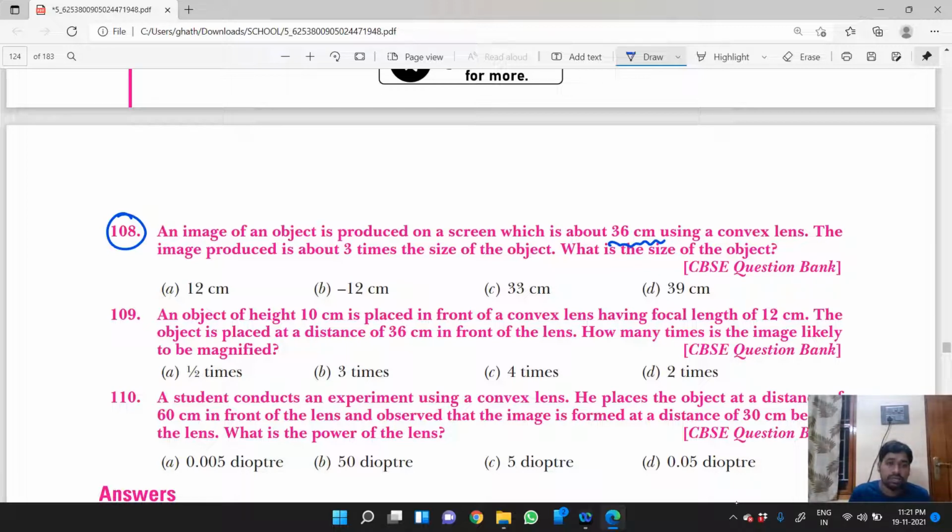The image produced is about 3 times the size of the object. Then what is the size of the object? That is the question. An image of an object is produced on the screen, so magnification is nothing but -3. So minus V by U is equal to -3. Minus minus cancel, V is equal to 3U.